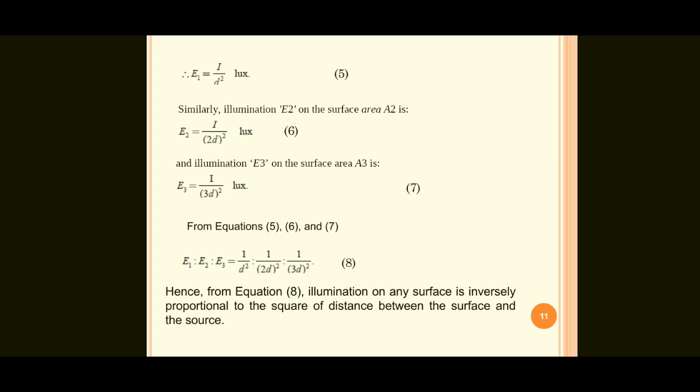So here the wavelength of the visible light means 4000 to 7500. In between different colors are present: violet, blue, green, yellow, orange, red, and infrared. 4000 represents a violet color, and 7500 represents the infrared color.